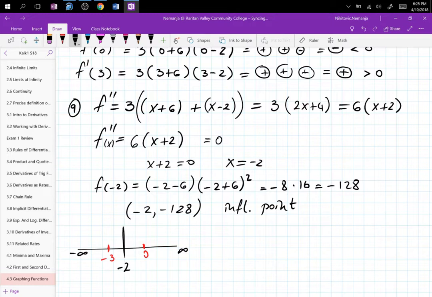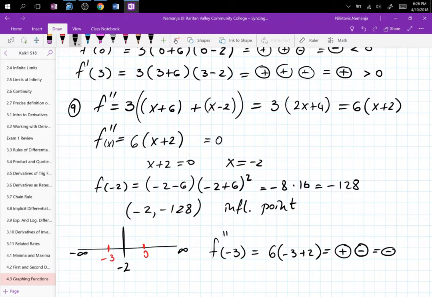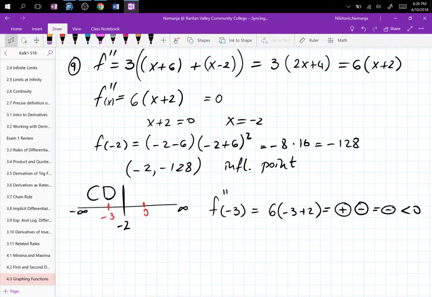And now use the second derivative at negative 3, which is 6 times negative 3 plus 2. That's negative, right? As I said, positive times negative is negative. Less than 0, concave down. Again, I don't care about the value, just the sign.